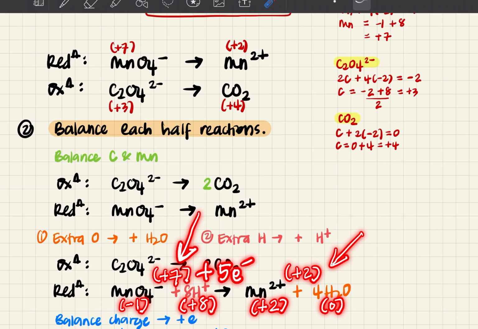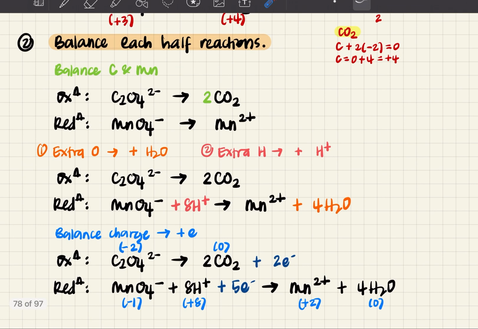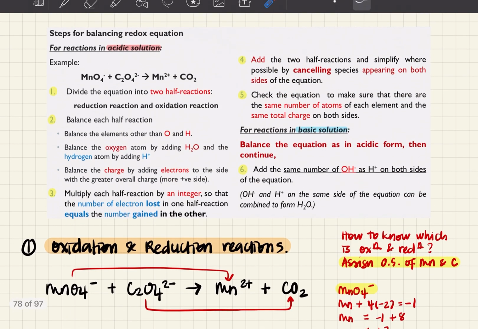So bila awak add 5 electrons plus 7 minus 5, it will be plus 2, okay? So that is how you balance the charge of your equations. Okay, so here saya dah plus 5 electrons. On here, I plus 2 electrons. Alright? Okay, so that is balancing.